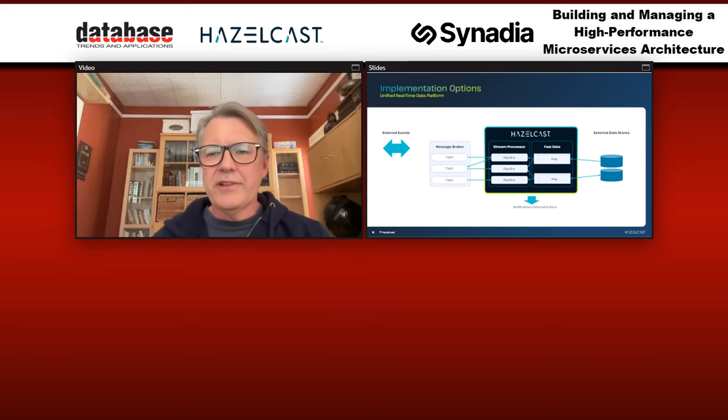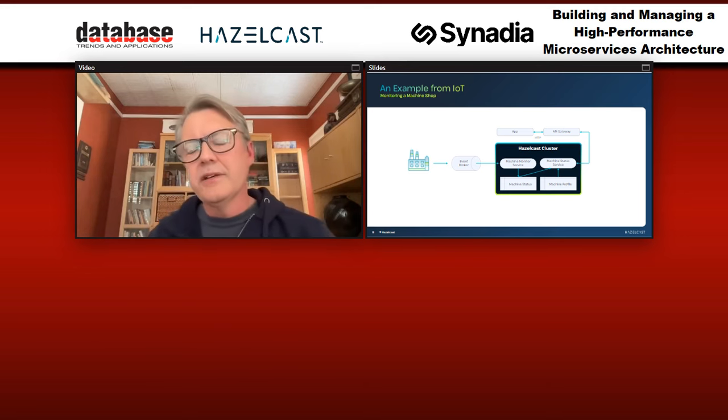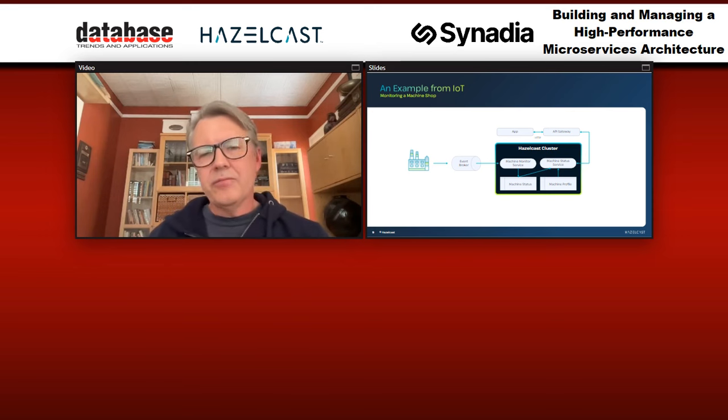So now, for the last couple of minutes, I would just like to show you an example that's running in Hazelcast. This is a little schematic of the example. Basically, we've got a simulated factory emitting events, like machine temperature events. And then we have two services, and these are implemented as Hazelcast pipelines.